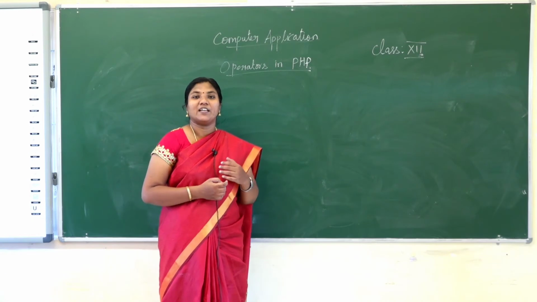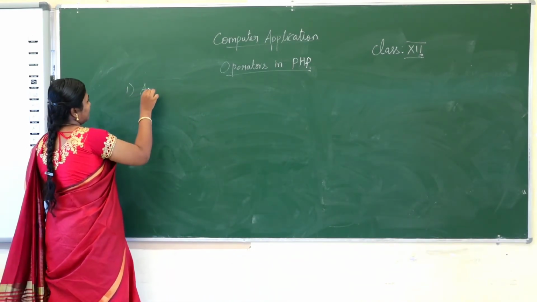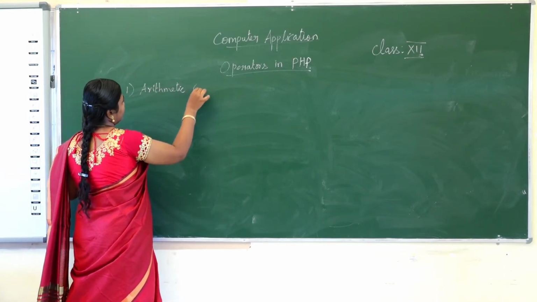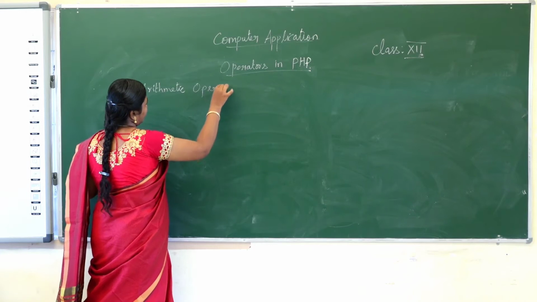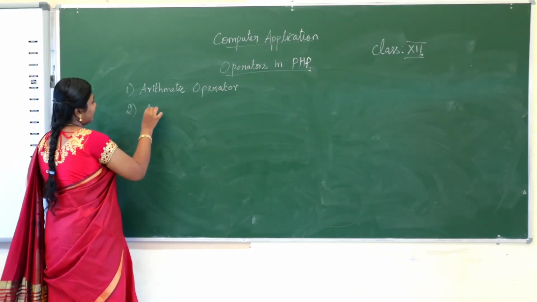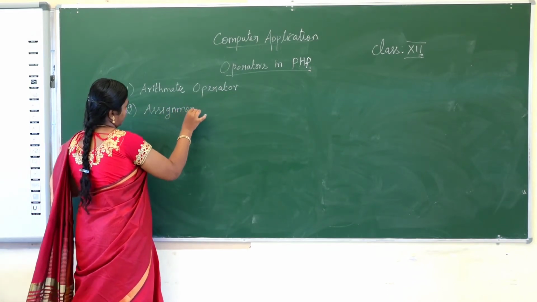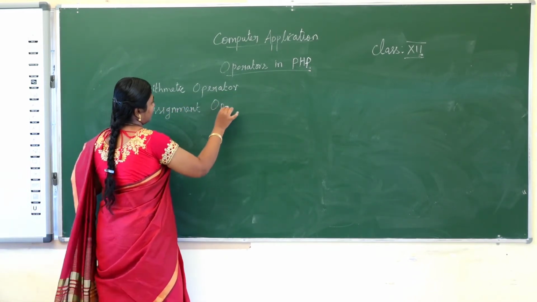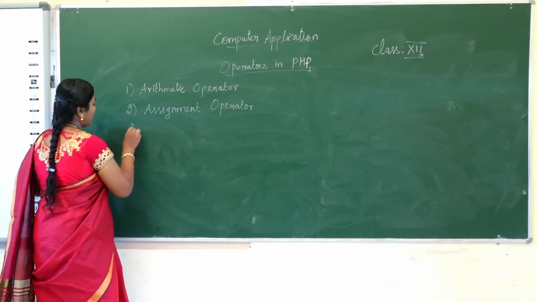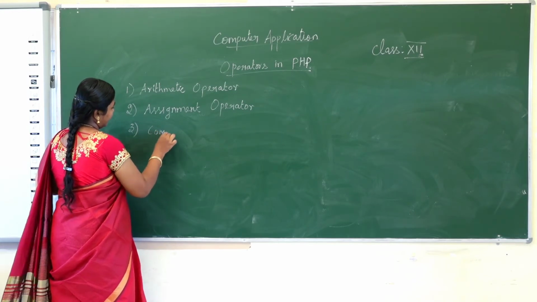So in PHP there are 6 types of operators. First one, arithmetic operator. Second one, assignment operator. Third one, comparison operator.